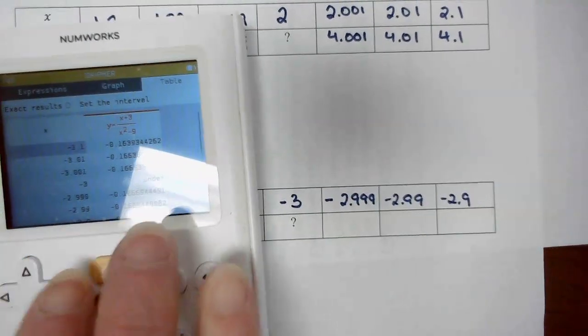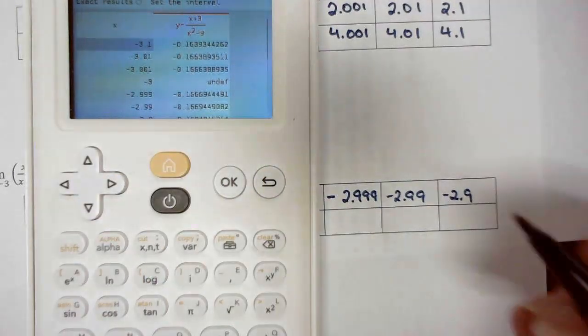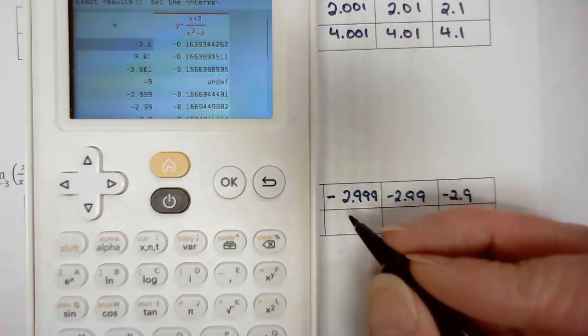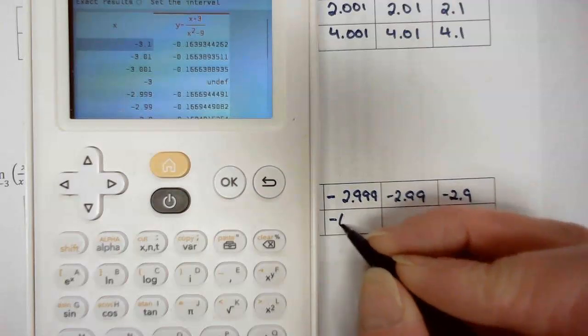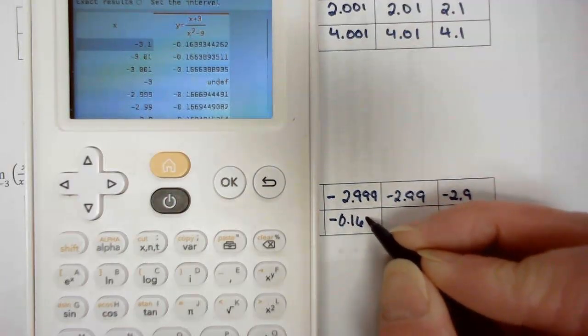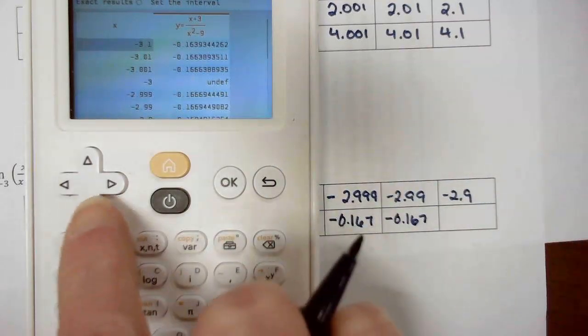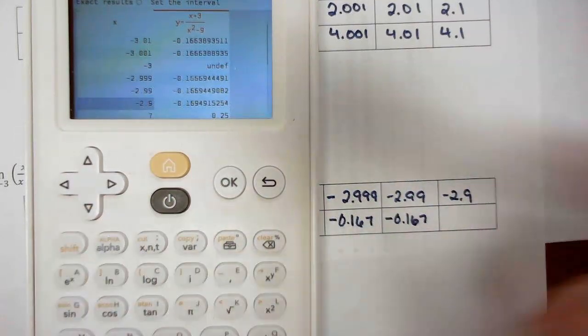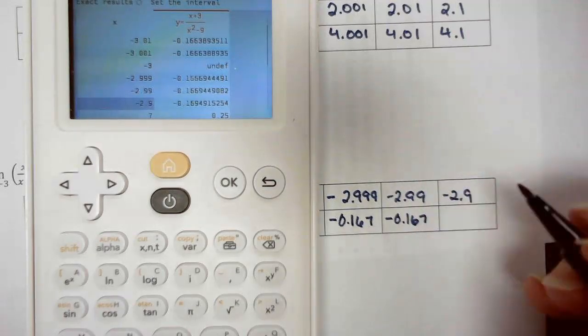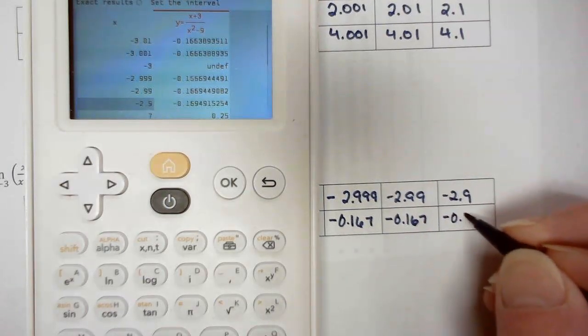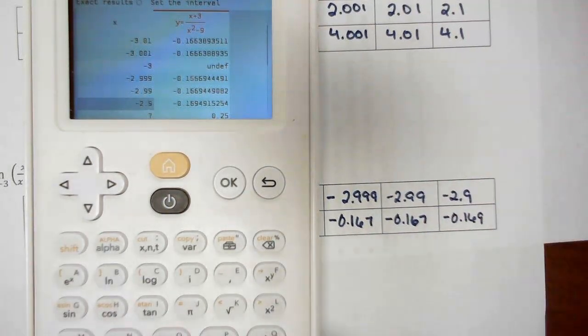On the other side, -0.167, -0.167, -0.169.